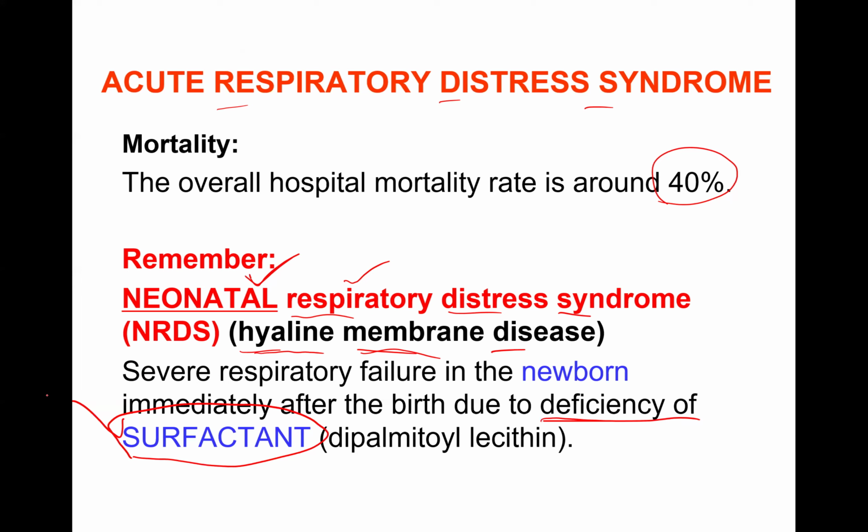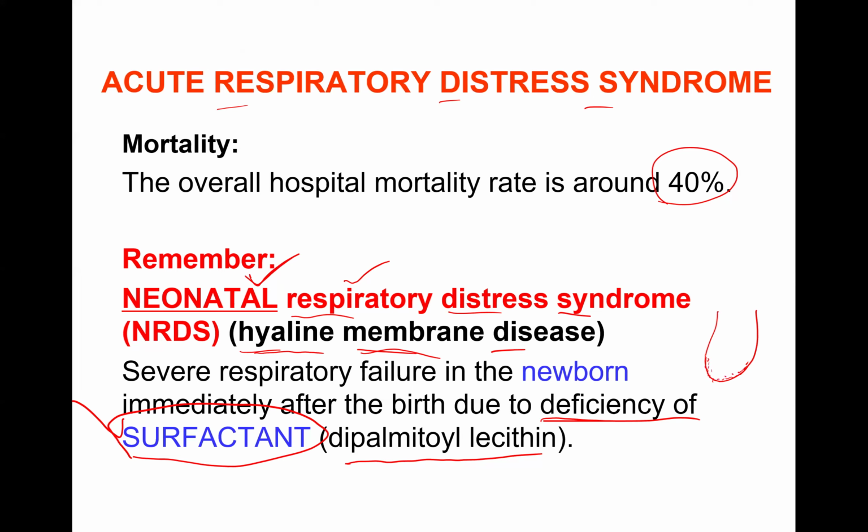Why was surfactant low? We understood the surfactant is mainly composed of dipalmitoyl lecithin, synthesized and released from the type 2 alveolar cells. This surfactant keeps the lungs expanded and decreases the surface tension in the alveoli, so the lungs remain expanded. Since surfactant is not there, so this is the alveolus, where the surfactant is produced.